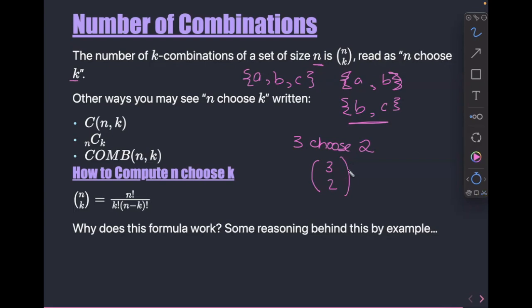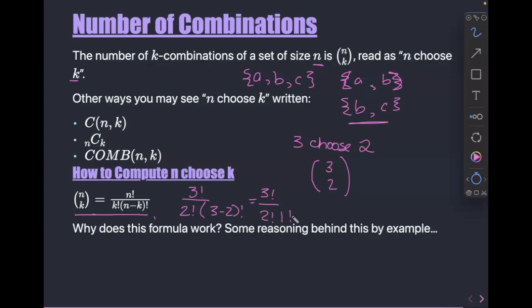So the way to actually compute the value of 3 choose 2, or n choose k, is by this equation down here. You have n factorial over k factorial times n minus k factorial. So for 3 choose 2, you'd have 3 factorial over 2 factorial times 3 minus 2 factorial. That's equal to 3 factorial over 2 factorial times 1 factorial.